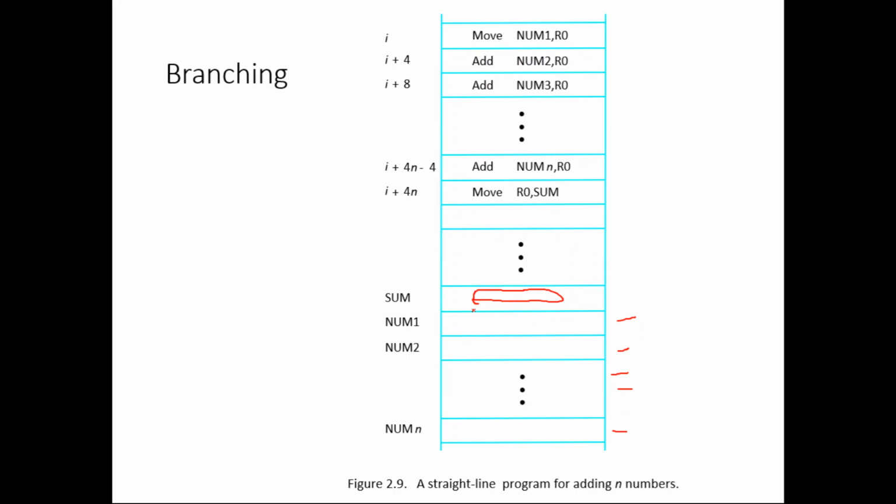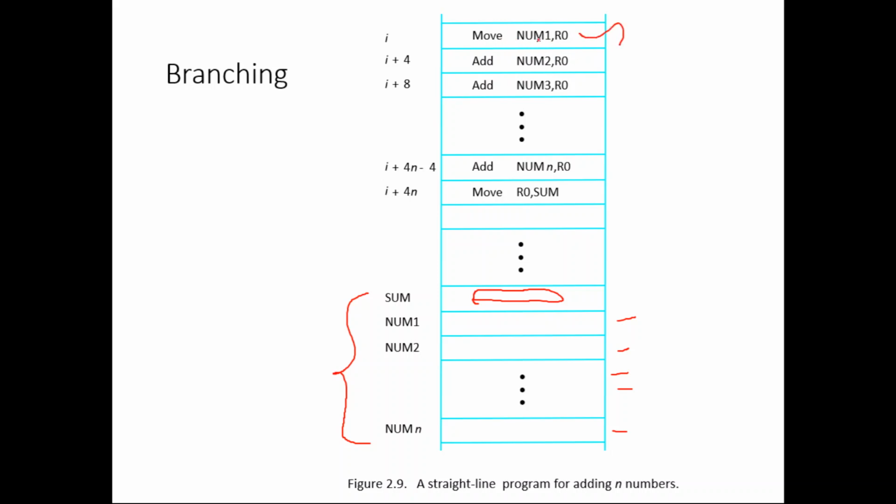So how can we write a program? Generally we have to write this type of program using a loop, because there are many numbers to be added. But initially, for understanding purposes, let us see the version of the program without a loop. First, move num1 comma r0.